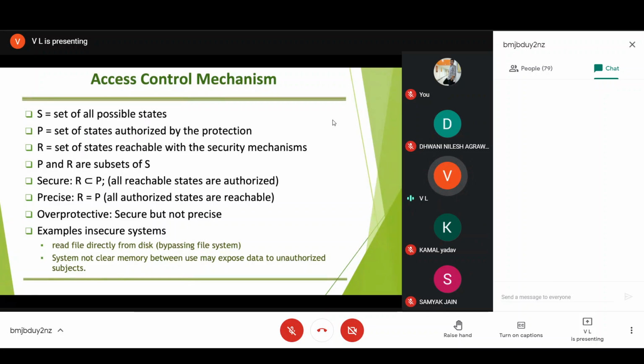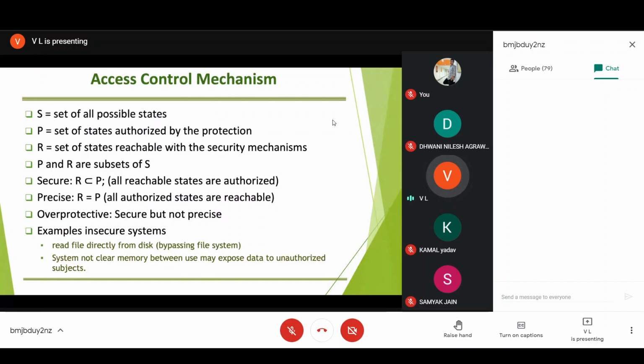And if a system is secure but not precise, then we are trying to overprotect. We are trying to be over-restrictive. We are not allowing the user to be in states which he or she could have been in as per our theoretical model, but we are restricting access to some of the states which were theoretically allowed.